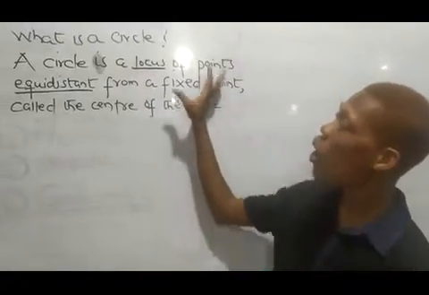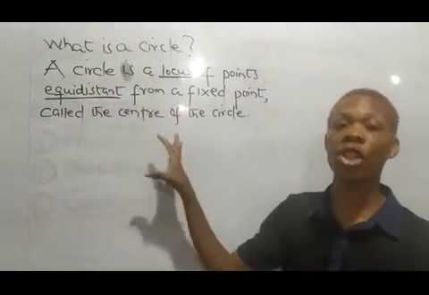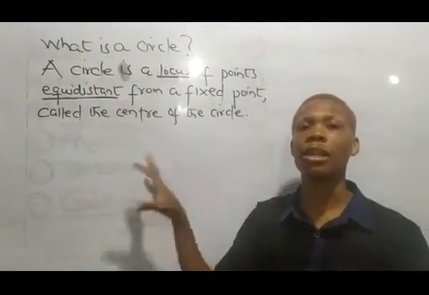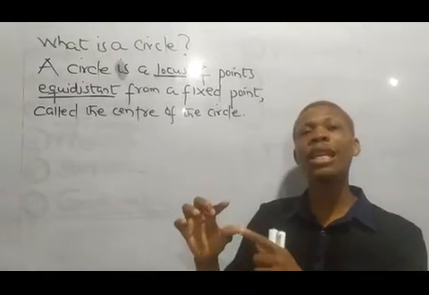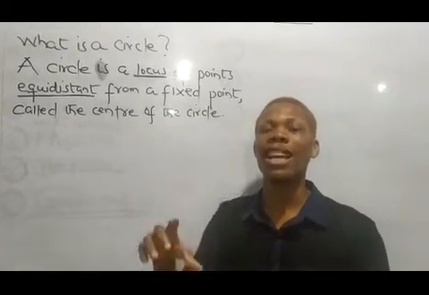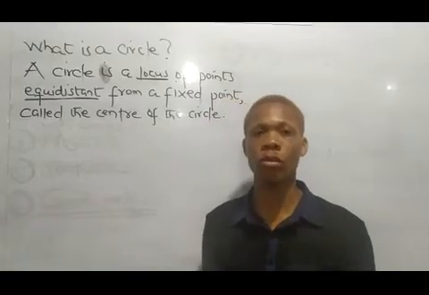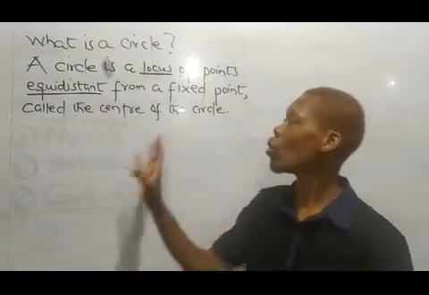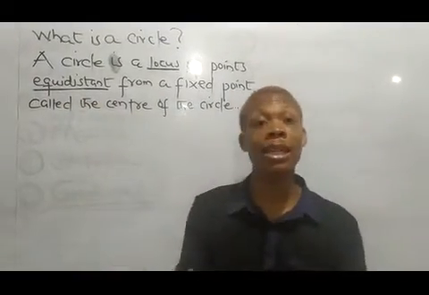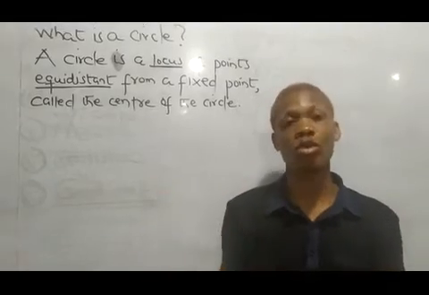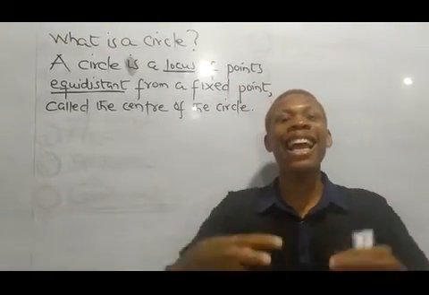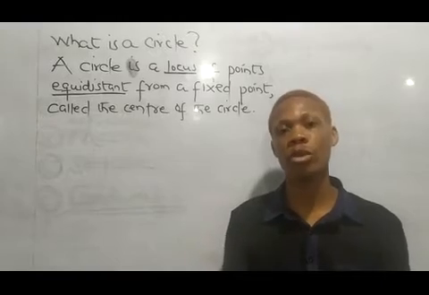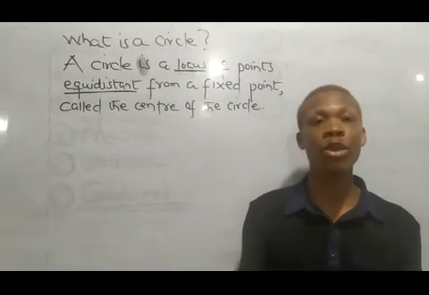So all that we are trying to say in this definition is that to be able to define a circle, you need a fixed point and a given radius.